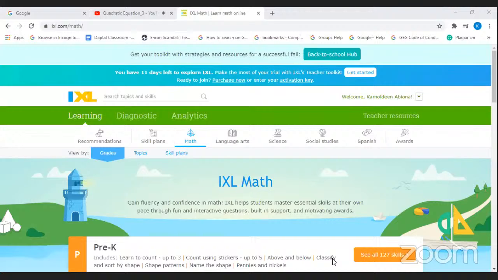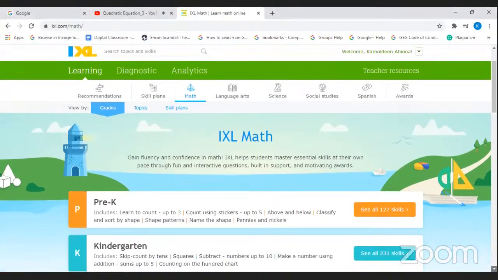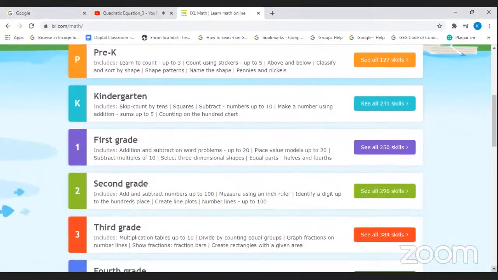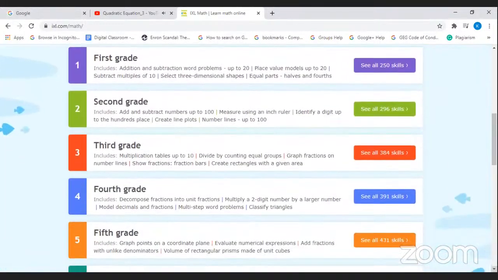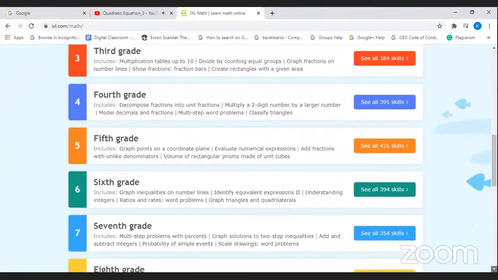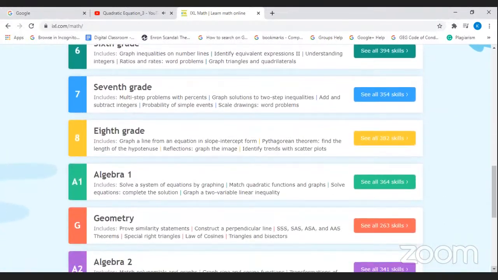Let me try to share my screen so that we can see. I still have a few days before it expires, so you can contact me if you need it. Okay, you can see my screen now.